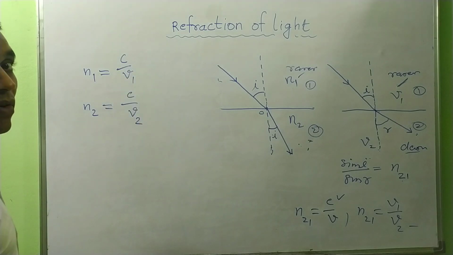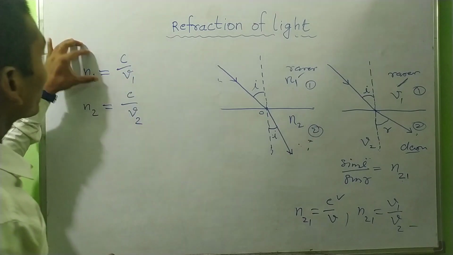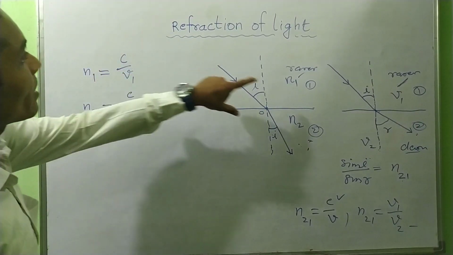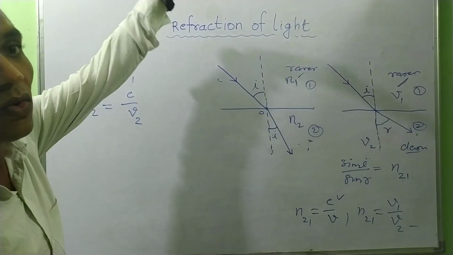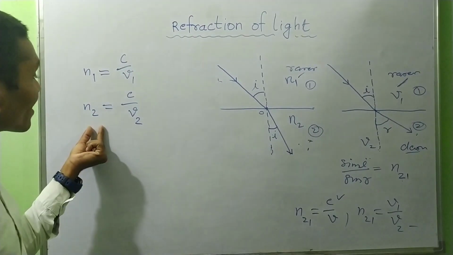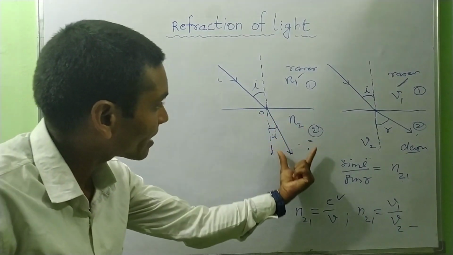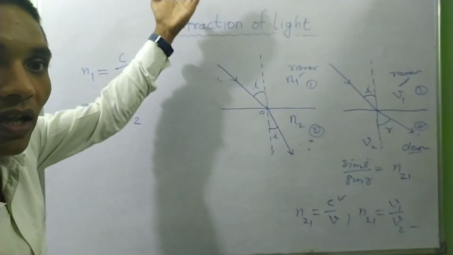So these are called the refractive index of the first medium with respect to air and the refractive index of the second medium with respect to air.